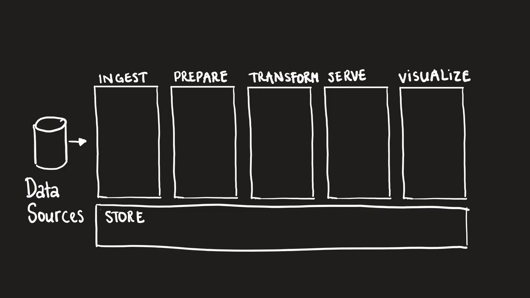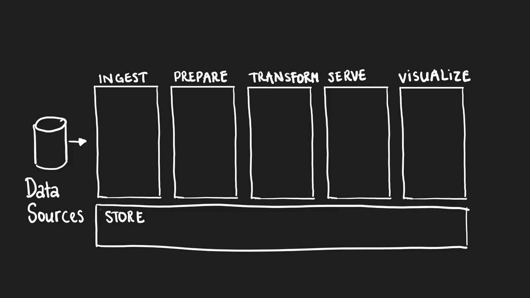But then we might also want to do some transformations and enriching and combining the data with other data sources as well. And then finally, we get the data to a state where it's ready to serve, and finally, for example, visualize or to be used by another app or something like that. And all the meanwhile, we need somewhere to store our data during all the processing on the way.